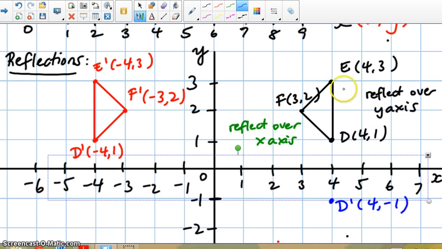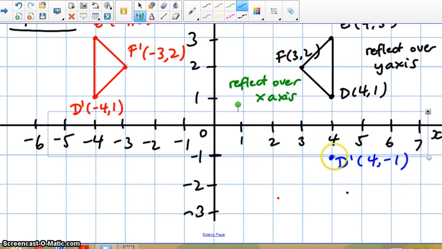E is 1, 2, 3 away, so it's going to be 1, 2, 3 away on the other side. So E prime. Now, we call it prime, not double prime, because we're reflecting the original image. We're not reflecting the image. E prime is at 4, -3.